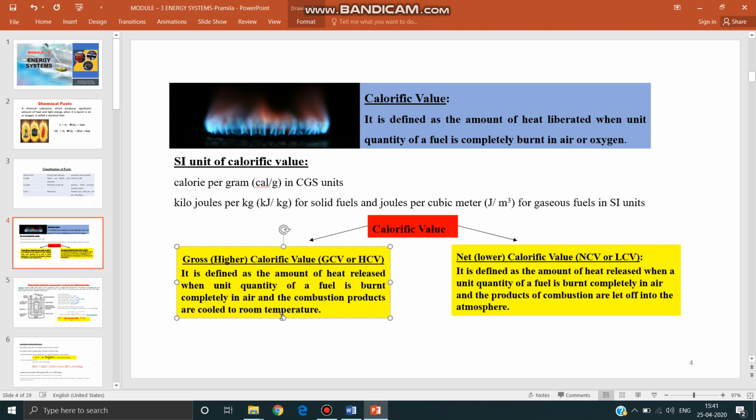That's why it is called higher calorific value. And net calorific value is defined as the amount of heat released when a unit quantity of fuel is burned completely in air or oxygen and the products of combustion are let off into the atmosphere. Here we are not cooling the combustion products. So that's why net calorific value is lower than gross calorific value.